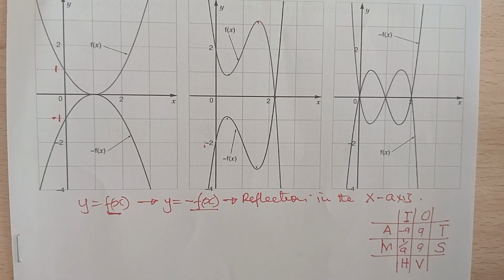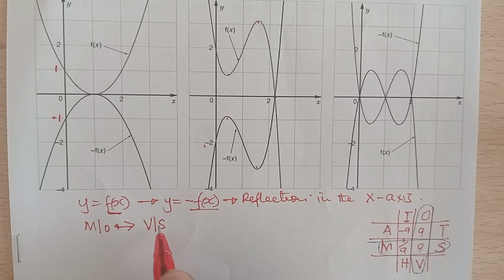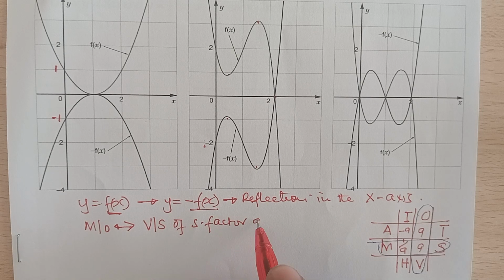Multiplication outside is a vertical stretch of scale factor a.